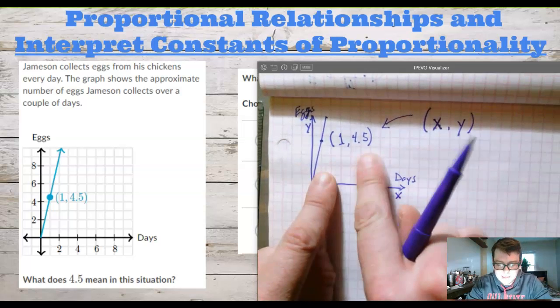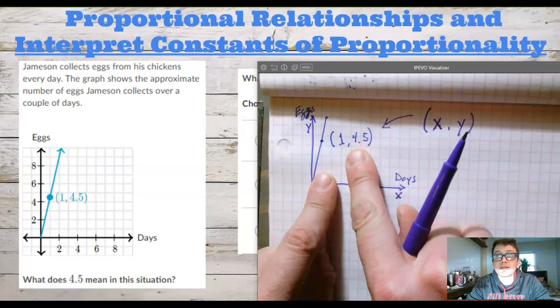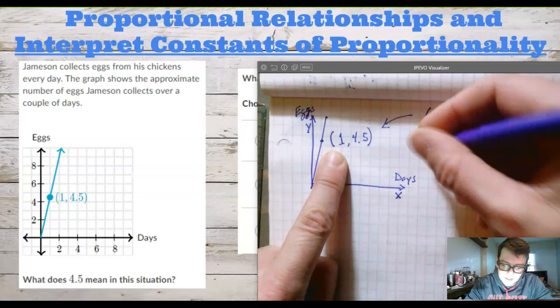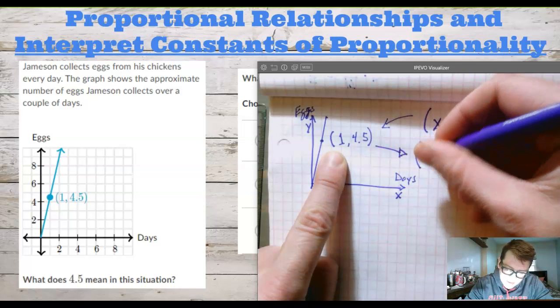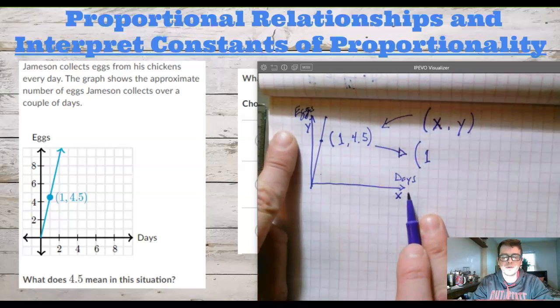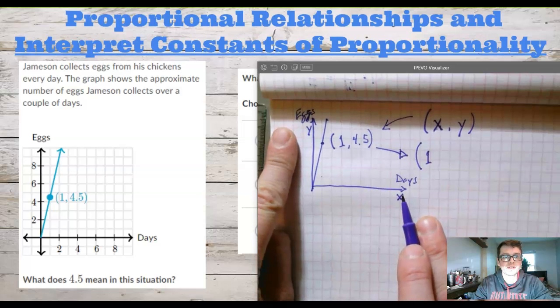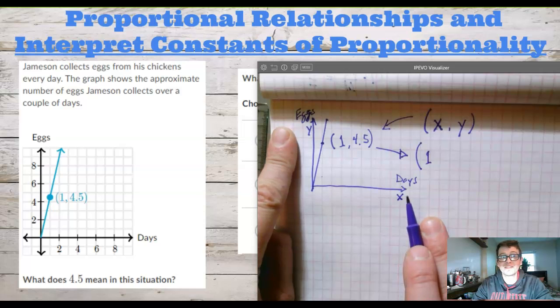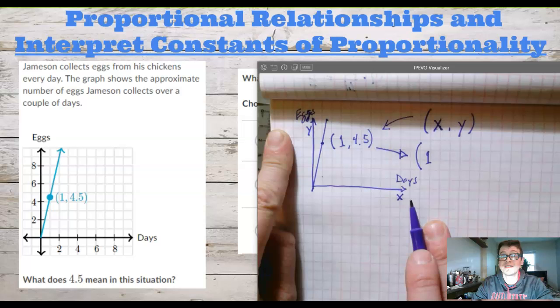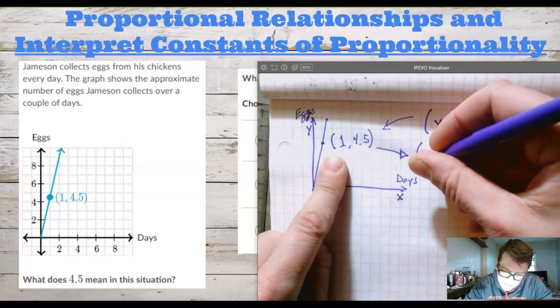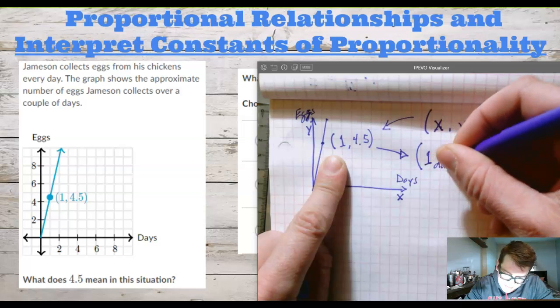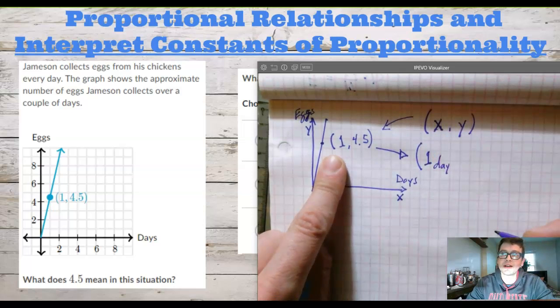So what this point is telling us, if we put the labels on it, is 1, what's our X value? Is X days or eggs? What's our X here? Days, right? So our X value, the first number, is 1 day. We can just keep that singular.